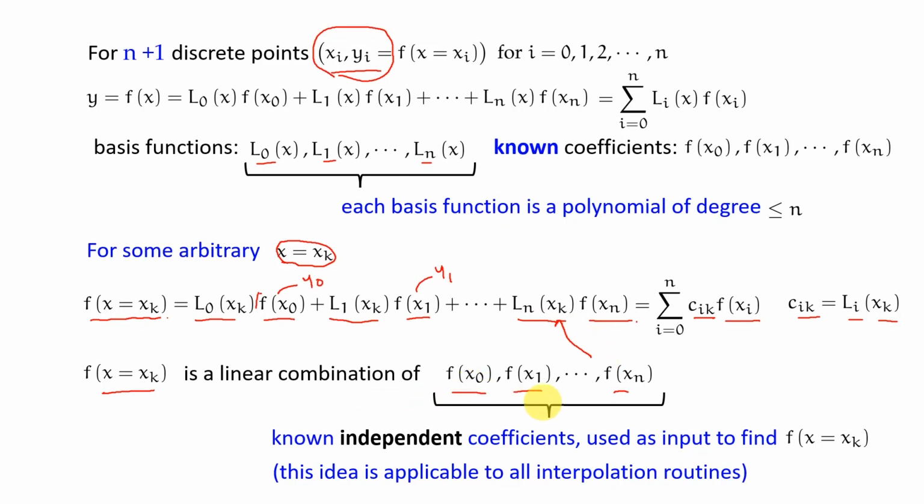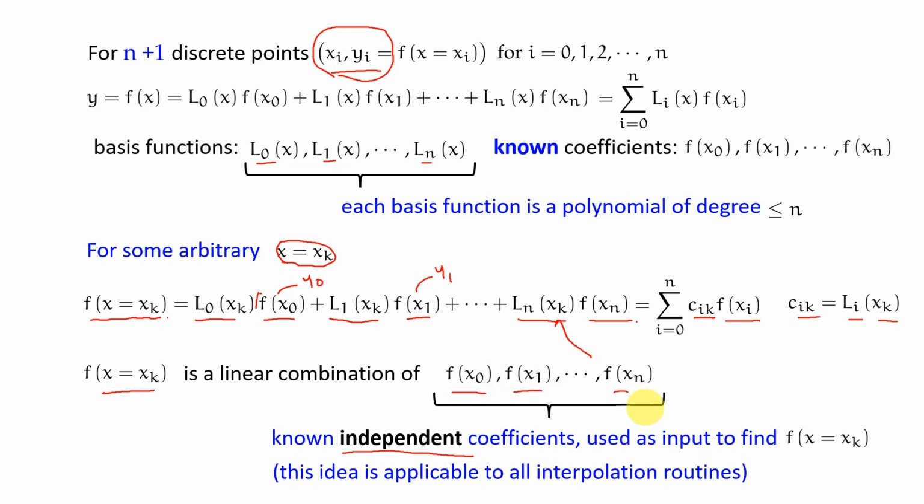This f(x0), f(x1), f(xn), etc., are of course independent coefficients. For instance, the value of f(x0) does not depend on the value of f(x1). They are independent; we have received these values. They may be coming from certain experiments that we don't know. We don't have to know, but we know that they are constant and independent of each other.